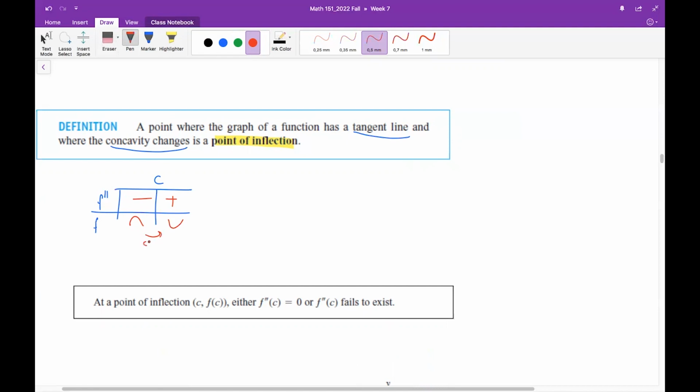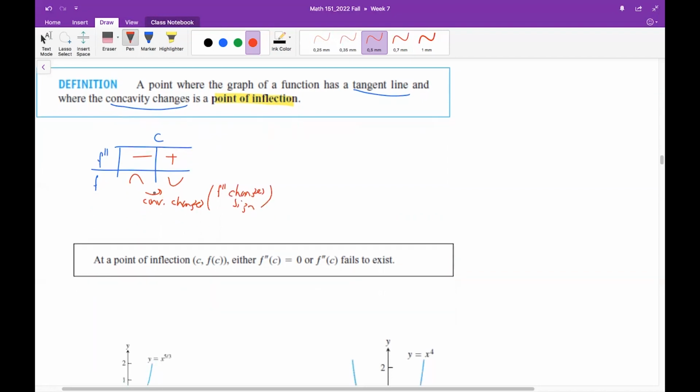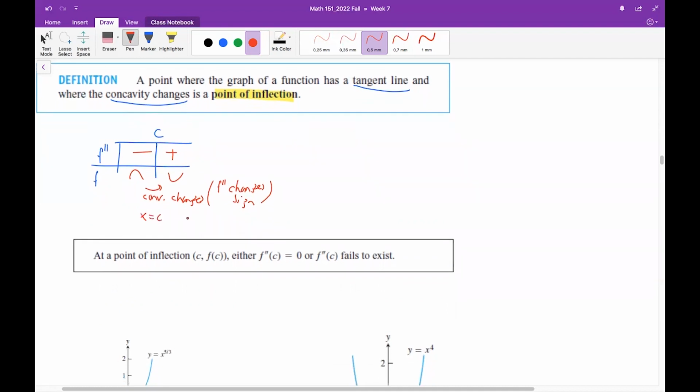Since concavity changes here, concavity changes means the second derivative changes its sign, okay? If this happens, then you can call this point x equals c the inflection point.